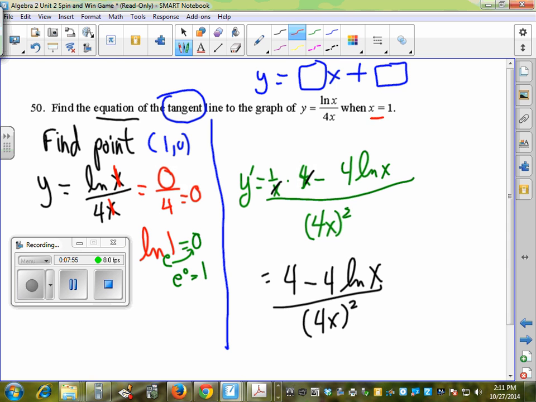Plug in our 1 now. Natural logarithm of 1 is 0 times that 4 will be 0. So we're going to have 4 minus 0, which is 4, over 4 squared, 16. So our slope is 1/4.